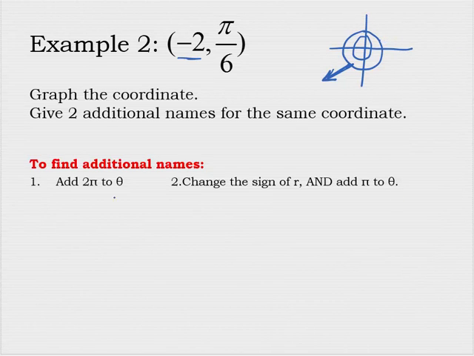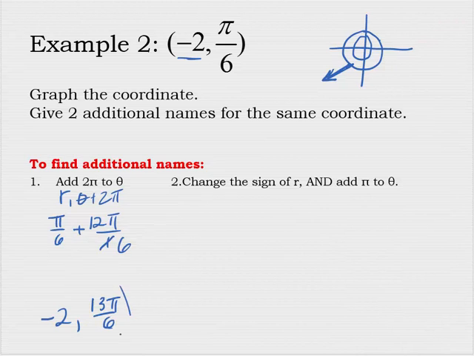So now we have it graphed, and now we need to find the two additional names. On the first one, remember, leave r alone, take theta, and add 2 pi. So I'm going to leave r as negative 2, theta is pi over 6, and I'm going to add 2 pi over 1. Common denominator is 6, that makes that a 6, and that makes this a 12. So this is going to be 13 pi over 6. So there's one new name.